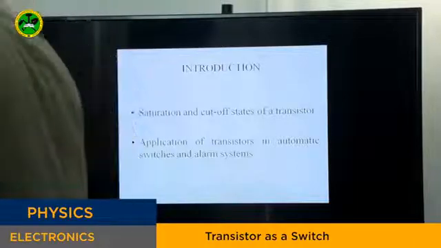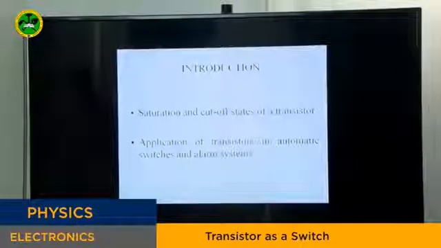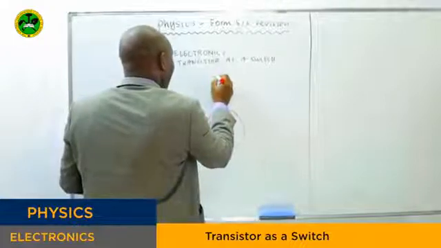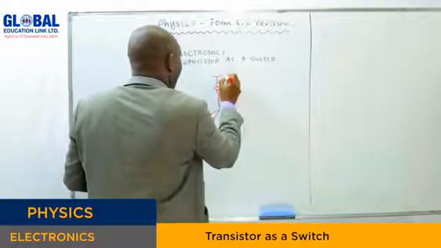Now, to talk about the saturation and the cutoff state of a transistor, let's consider the previous circuit that we drew. This was our circuit. We had this NPN. You can use NPN or PNP. And this is our resistor, RL.